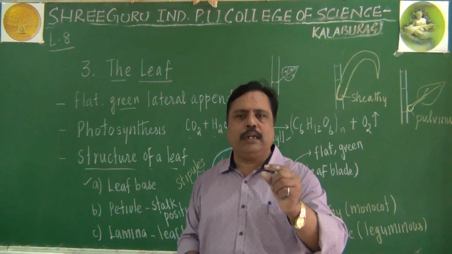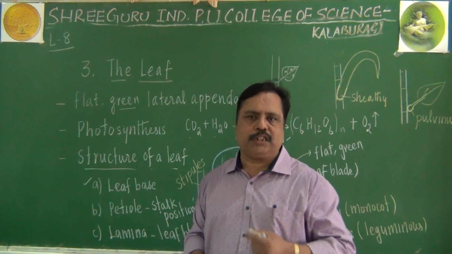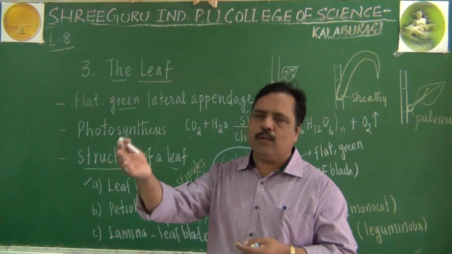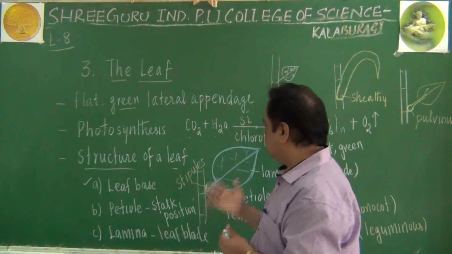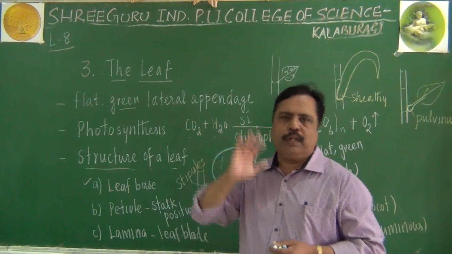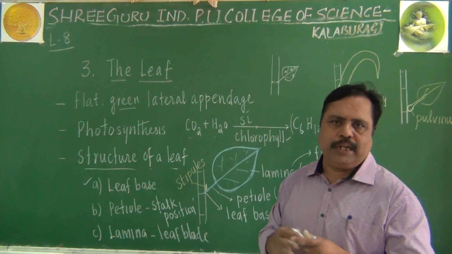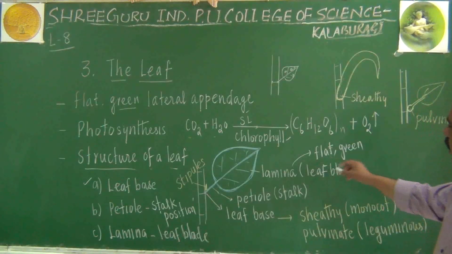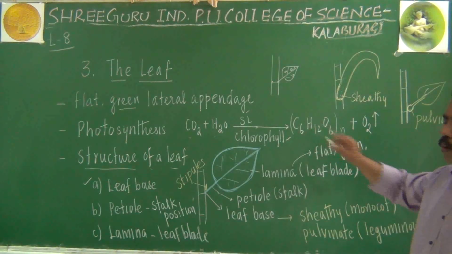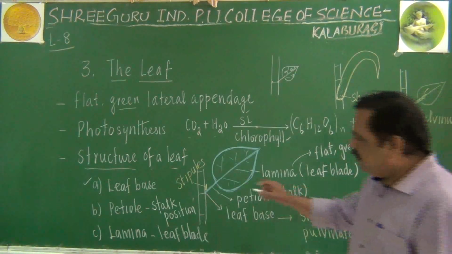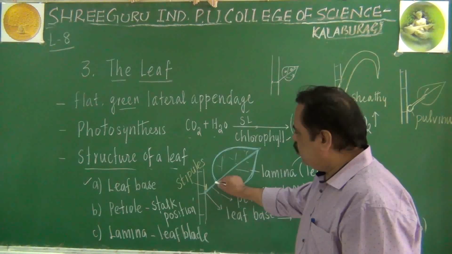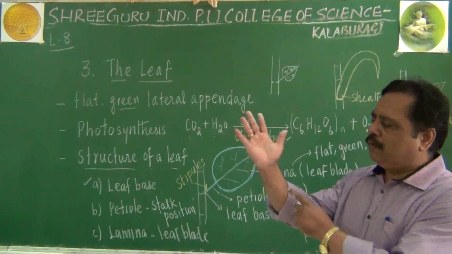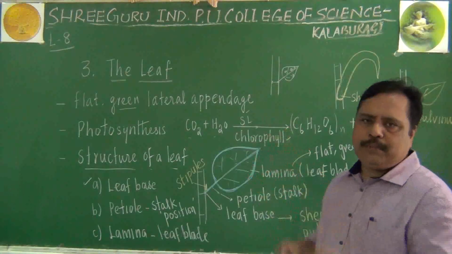In an organelle called chloroplast. Chloroplast has chlorophyll pigment. That chloroplast is present in the lamina, the broad blade of the leaf. That is called lamina. Here it is not only containing chloroplast. There will be an extension of the petiole into the lamina in the leaf. So the lamina will have an extension of the petiole.